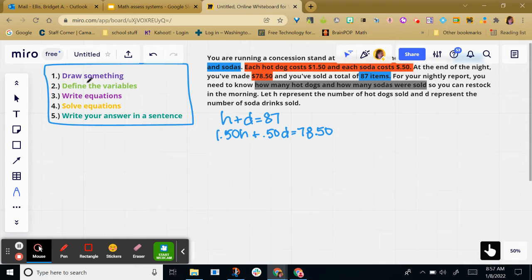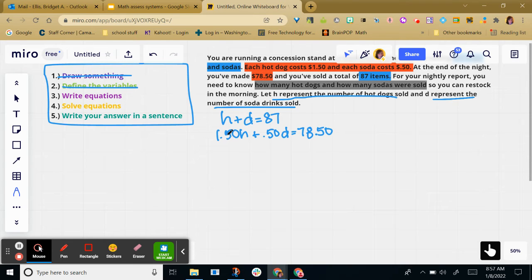However, these two things lead us to the equations, and we already have our equations. So I'm going to, as much as it pains me, cross these out. You don't have to do these this time. Because we already know that H represents the number of hot dogs, and D represents the number of soda drinks. It already gave us that.